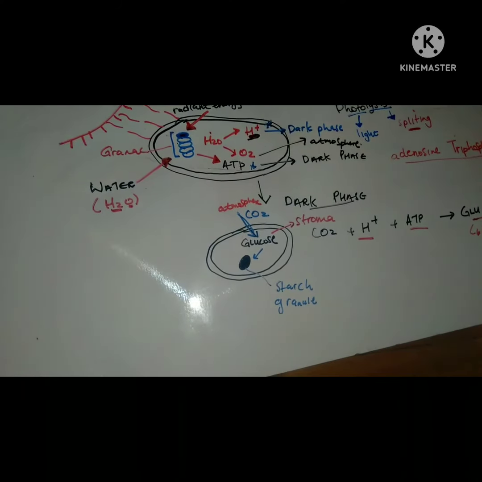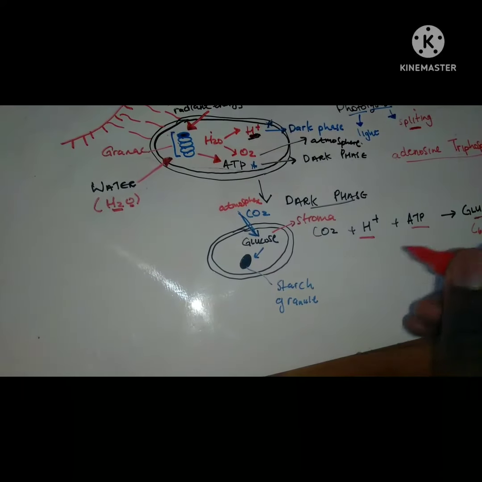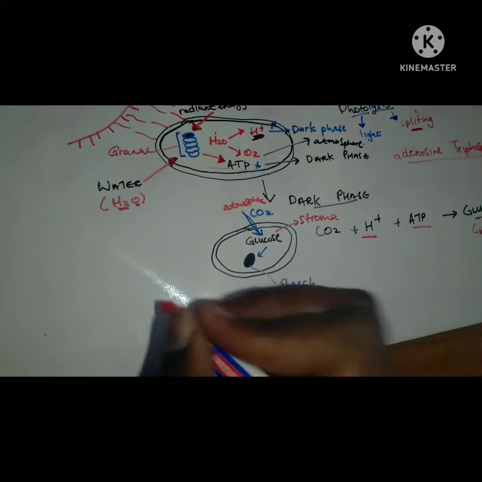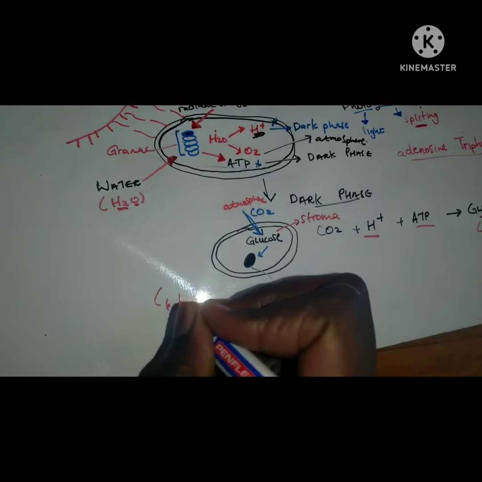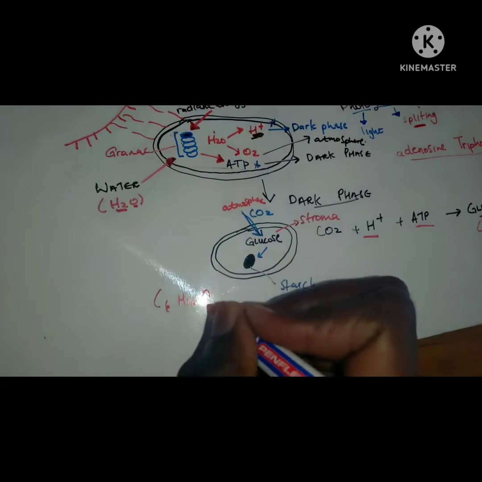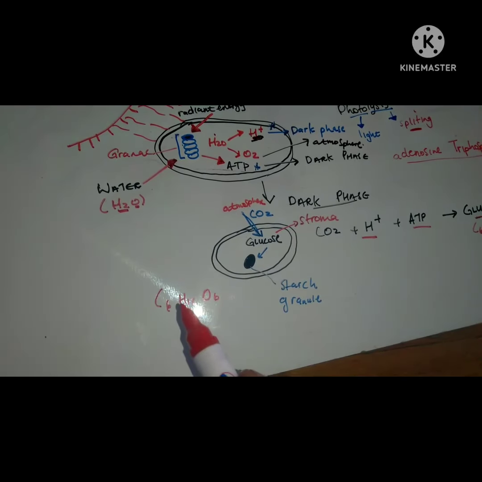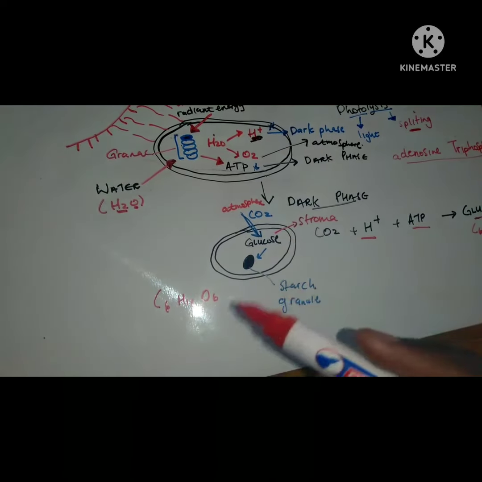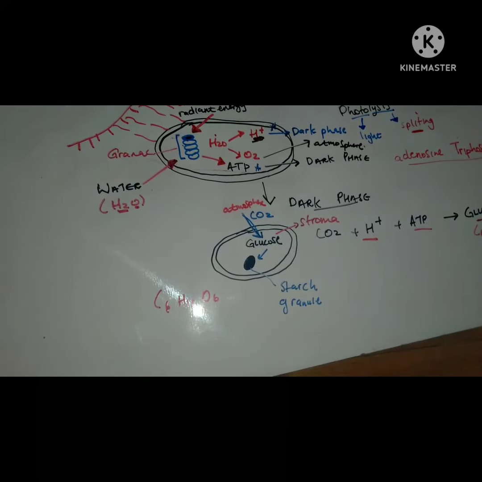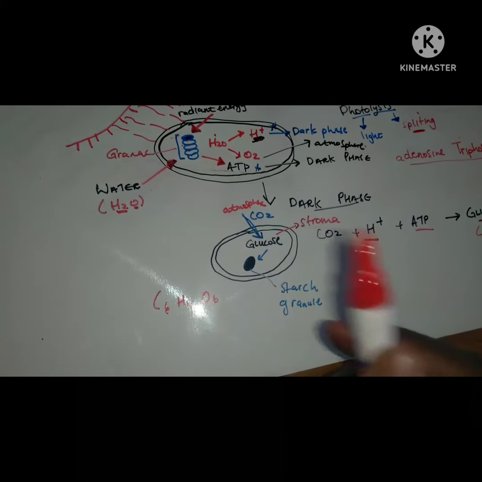So glucose in this case will not be stored in the form of normal glucose like C6H12O6. No, glucose is not going to be stored in the same way. A starch granule stores starch, not glucose as it is.